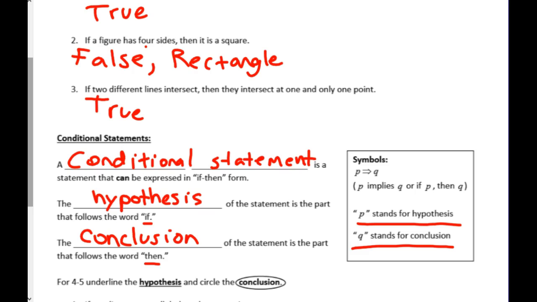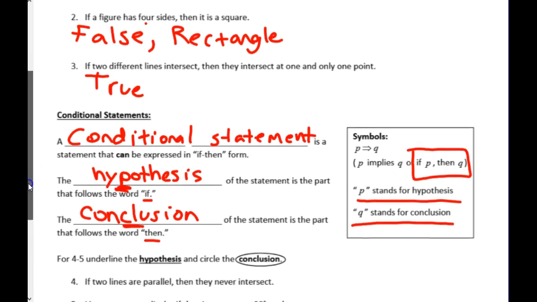It has a P in it, right? The conclusion doesn't have a Q, but you can make it sound like it. So hypothesis is P. Conclusion is Q. Everyone remember that from now on, forever, right?